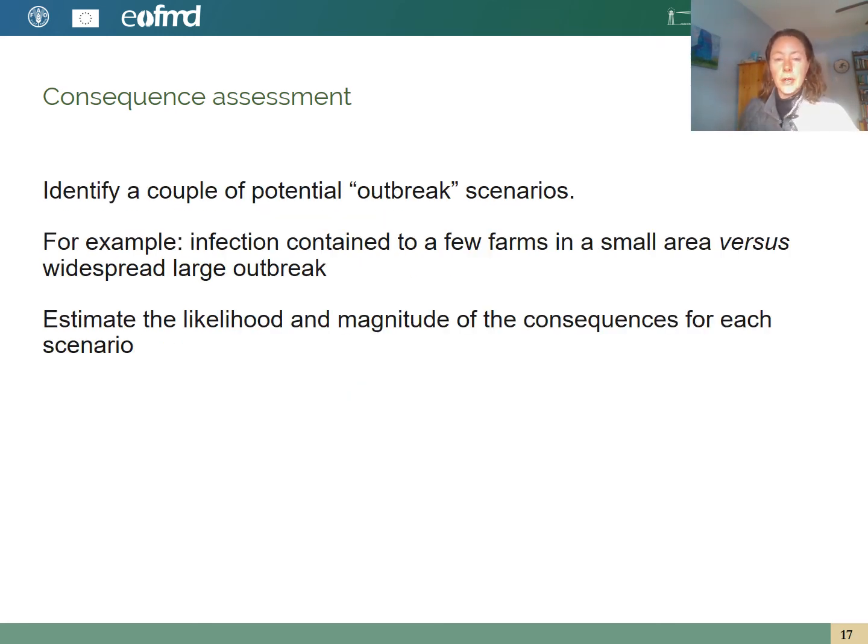So this is often one of the more challenging things of a risk assessment, and a useful approach can be to identify a couple of potential outbreak scenarios. For example, infection might be contained to a few farms within a small area, as opposed to having a widespread large outbreak. And then the likelihood and magnitude of the consequences for each of the different scenarios should be estimated.